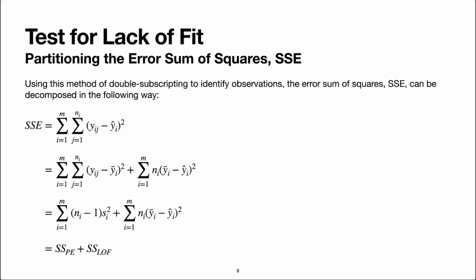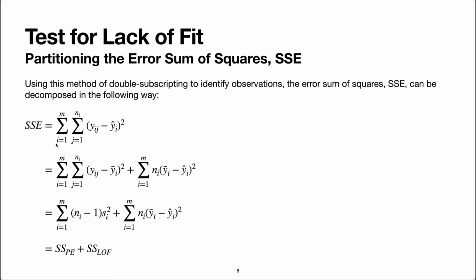So using this method of double subscripting to identify observations, the error sum of squares, or SSE, can be decomposed in the following way. Because we're using double subscripting, we have a double sum here. So here we have the sum i going from 1 up to m, the number of distinct values of x.